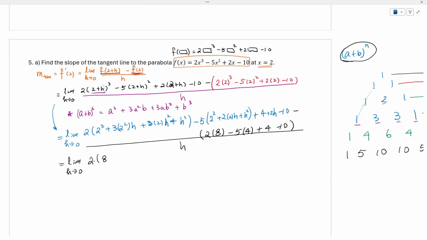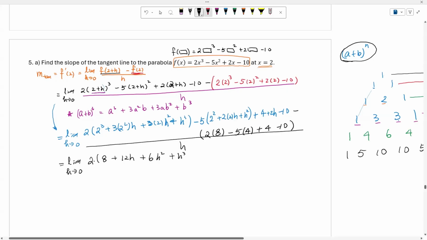2 times 8 plus 12h plus 6h squared plus h to the power 3, minus 5 times 4 plus 4h plus h squared, plus 4 plus 2h minus 10, and we subtract.